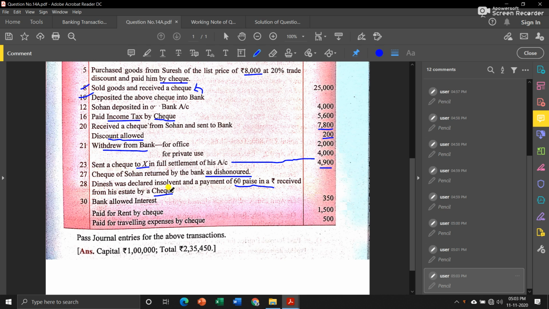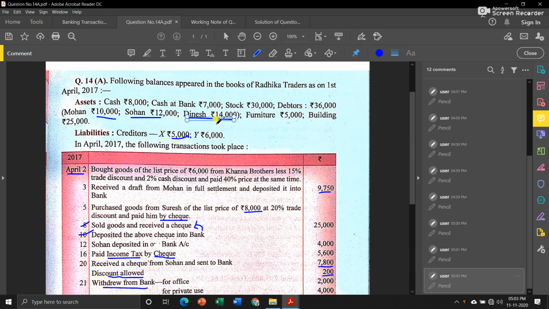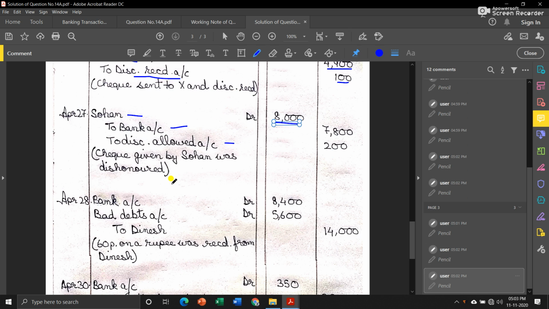Okay, so first we have to find out how much amount of money we will receive from him. So to calculate that, you have to do 60 divided by 100, because 1 rupee is equal to 100 paise. So 60 divided by 100 into how much he owed us, 14,000. That will give us the amount which he will give to us.